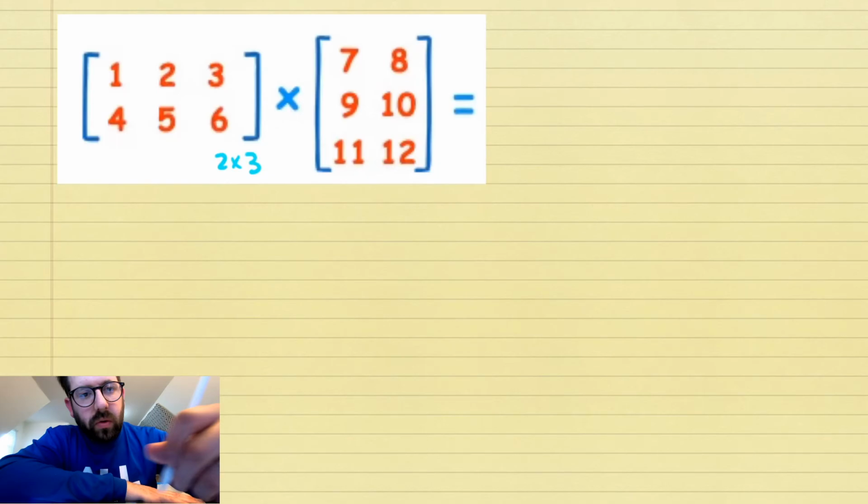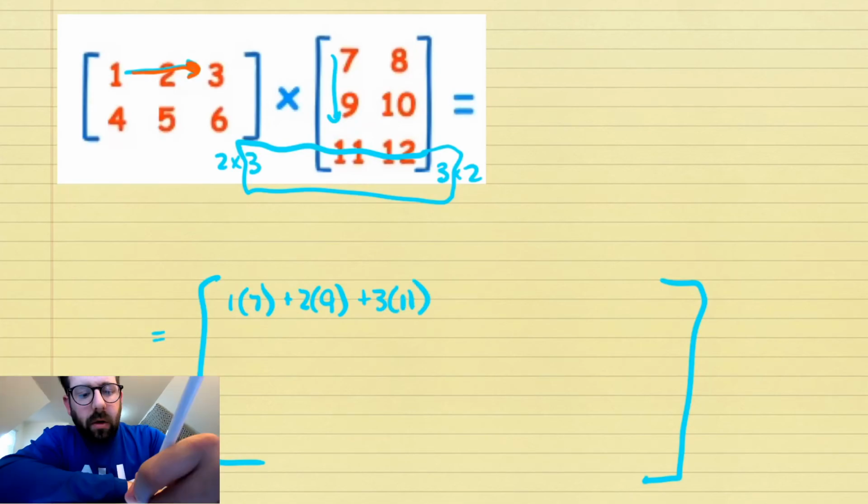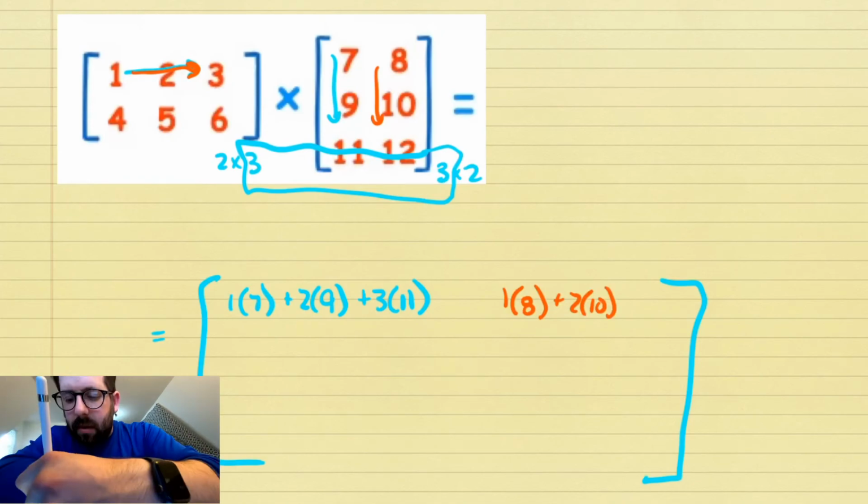So again, first row, first column, 1 times the 7, the 2 times the 9, the 3 times the 11. Okay, flip up the colors here. First row, second column. 1 times 8, 2 times 10, and 3 times 12. Now we're going on the bottom.